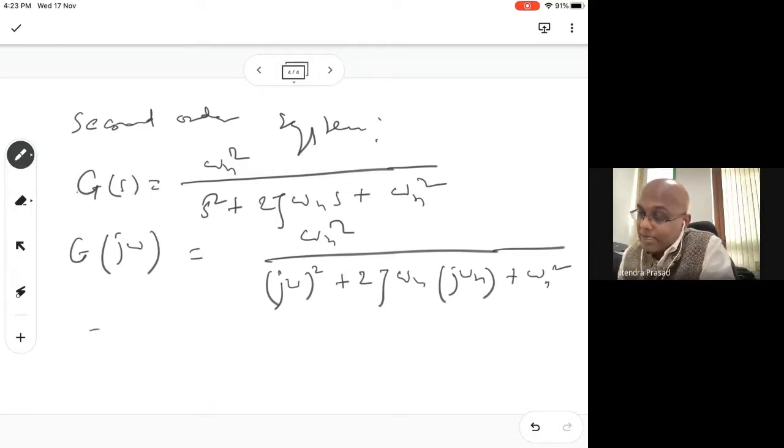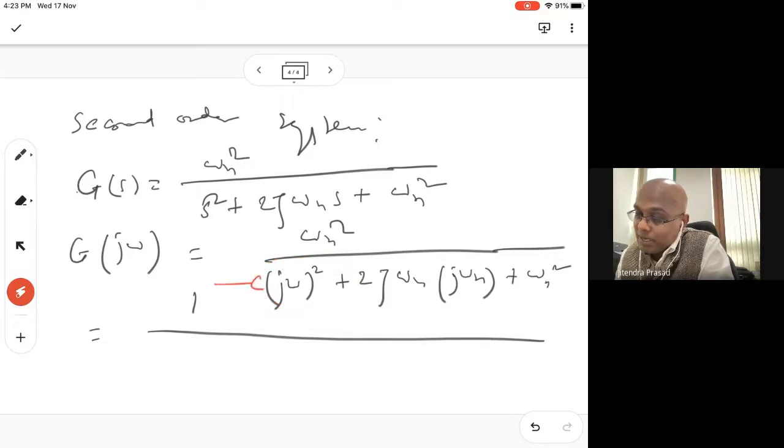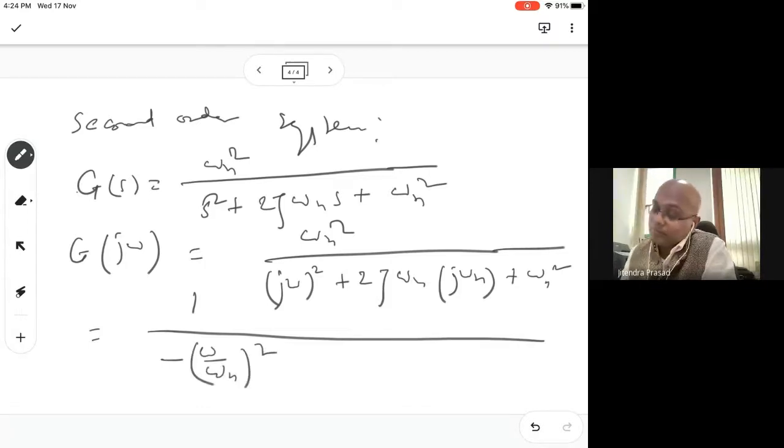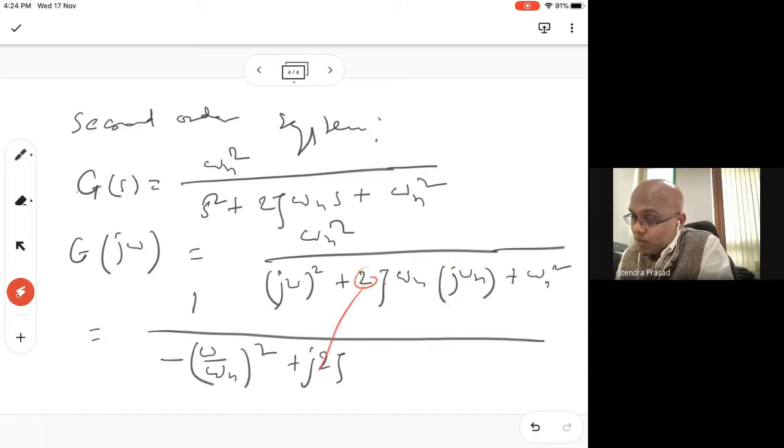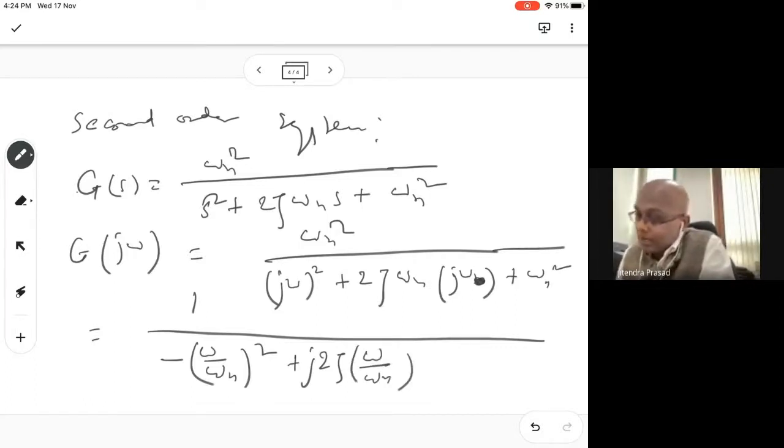Then you divide both numerator and denominator by omega n square, and you get 1 divided by, and here this term is minus omega square, so you get minus (omega over omega n) square, plus 2 j zeta omega over omega n, plus omega n square divided by omega n square, which is 1.